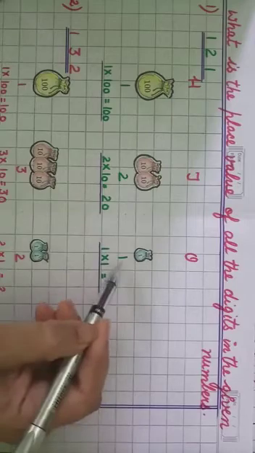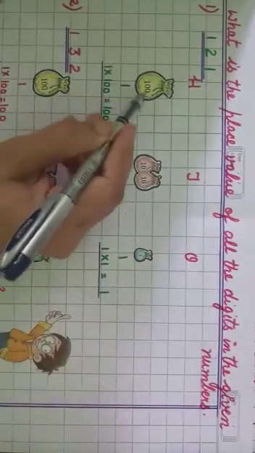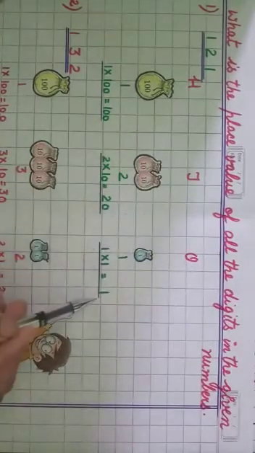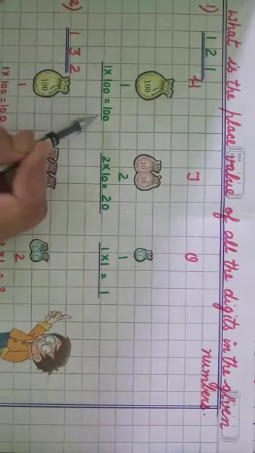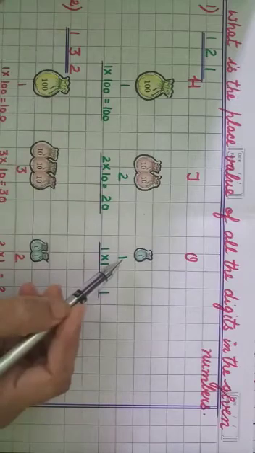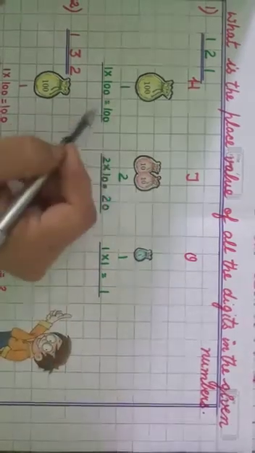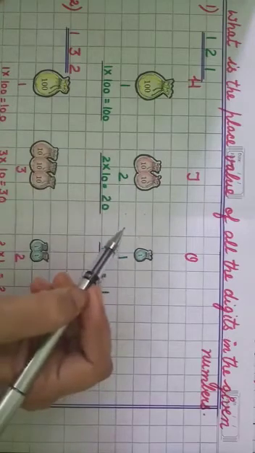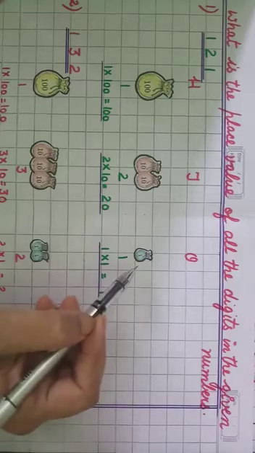Now multiply this 1 by ones, 2 by tens and 1 by 100. So 1 one is 1, 2 tens are 20, 1 hundred is 100. So the place value of 1 will be 1, 2 will be 20 and 1 will be 100. Clear beta? In order to find out the place value, we will multiply its face value by its place.